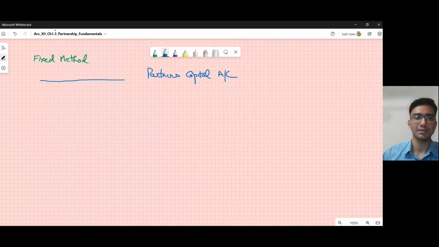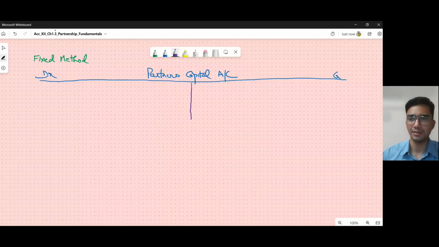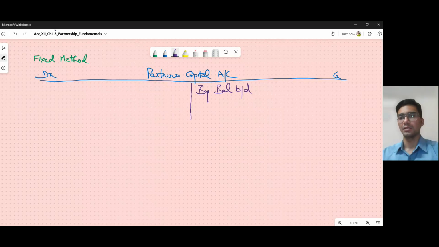Let's make two sides of this account, the debit and the credit. On the debit, we'll see what items to write, but first let's write the credit side items. So the credit side items will contain our first item, which is by balance brought down.